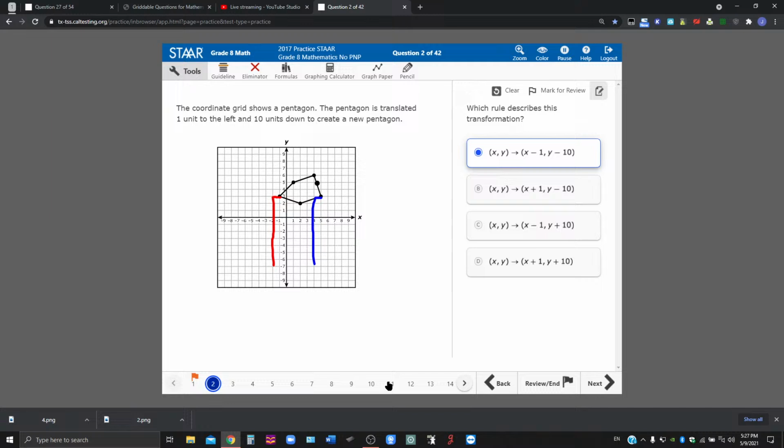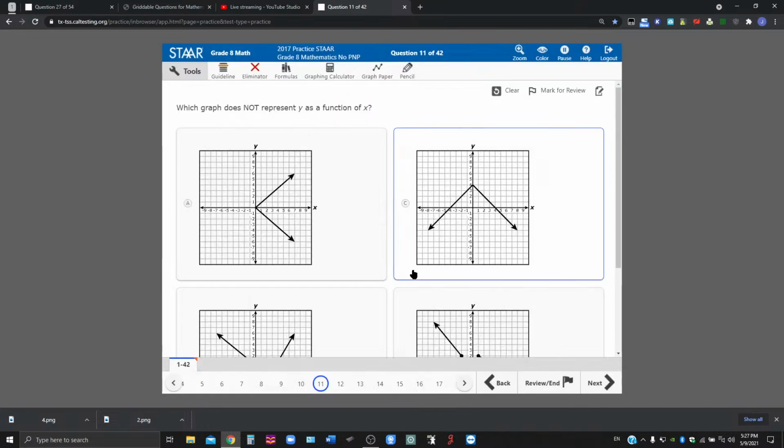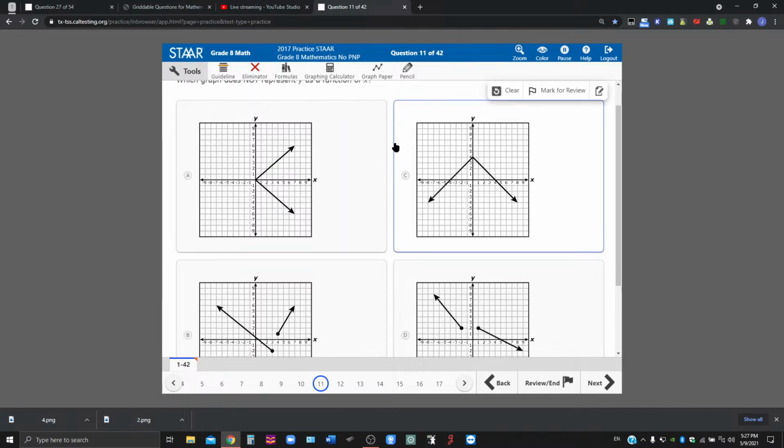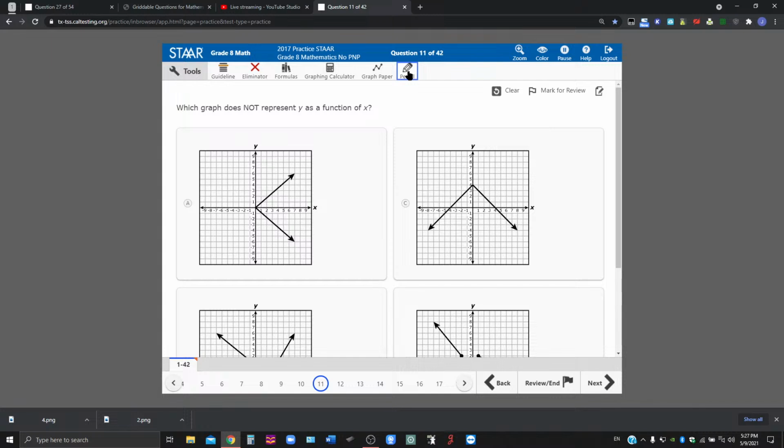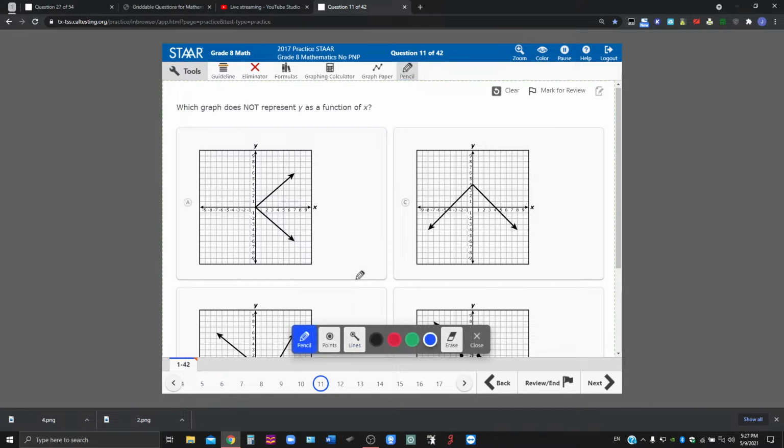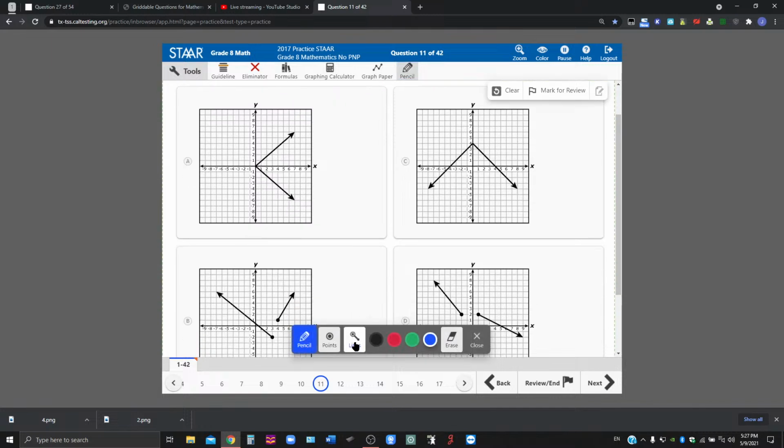Well, okay, let's go to question 11. This one is asking us, which one is not a function? So let's use the pencil, and we know we are going to do the vertical line test. Let's go to the lines, and we can just draw. I'm using my mouse; you can use your trackpad.